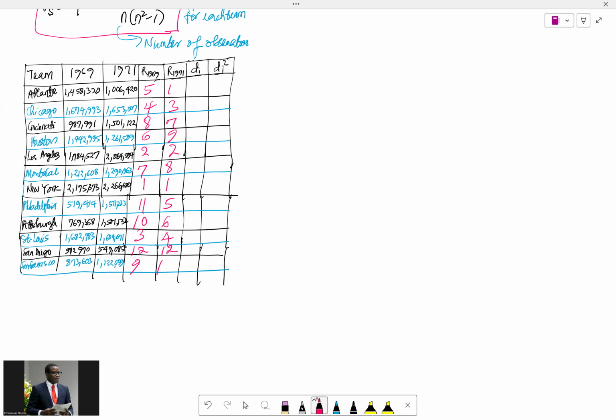So this should be 10, while Atlanta is 11. Yeah, 1122 is bigger than 1006. Then 12 is obviously 549, which is San Diego.